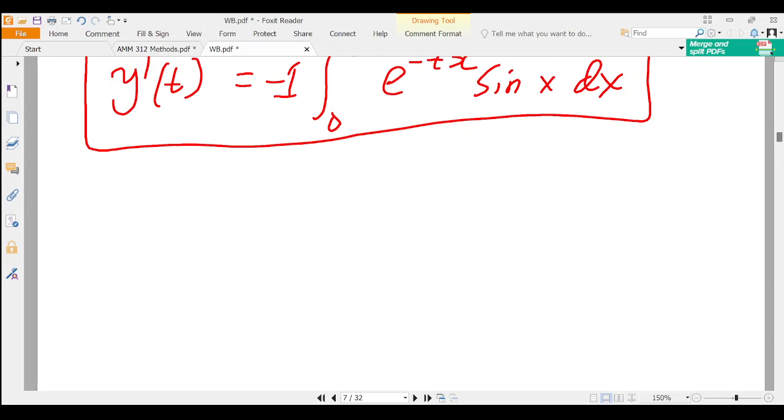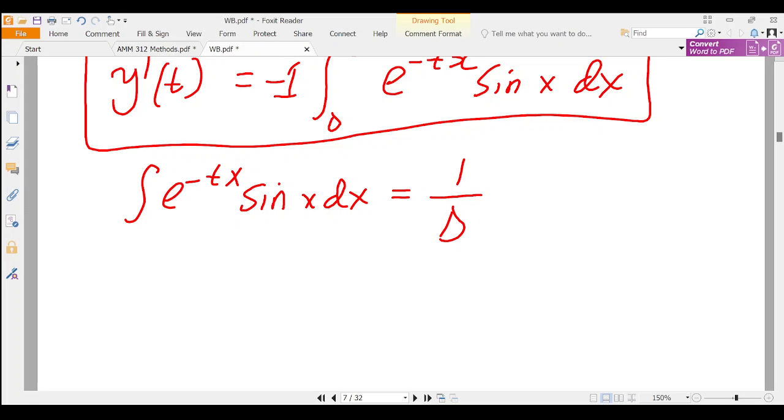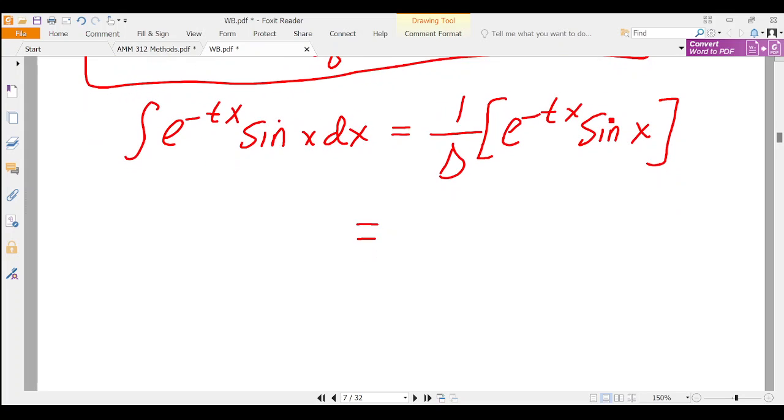I can first consider the indefinite integral of e raised to power negative tx sine of x dx. This can be expressed using the D operator form as 1 over D times e raised to power negative tx sine of x. Then we apply the rules of the D operator, the theorems.